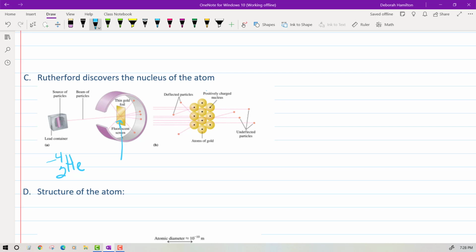If we go over here to this larger cross-section of the gold foil film, you see many of these lines are coming straight through, but occasionally some of these get deflected, and they get deflected because they're hitting that positive dense nucleus. So it gave rise to that notion of a positive dense nucleus. It also gave rise to the fact that the atom was mostly empty space.